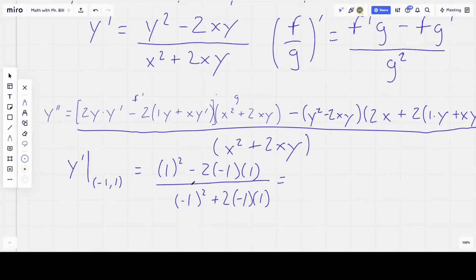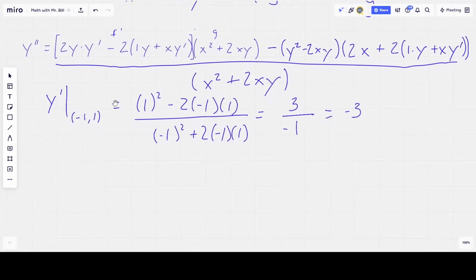So that is going to be equal to 1 plus 2 on the top, so that's 3, all over 1 minus 2 on the bottom, so that's negative 1, so that gives me negative 3. So wherever I see a y prime, then I'm going to plug in negative 3. So now, y double prime.